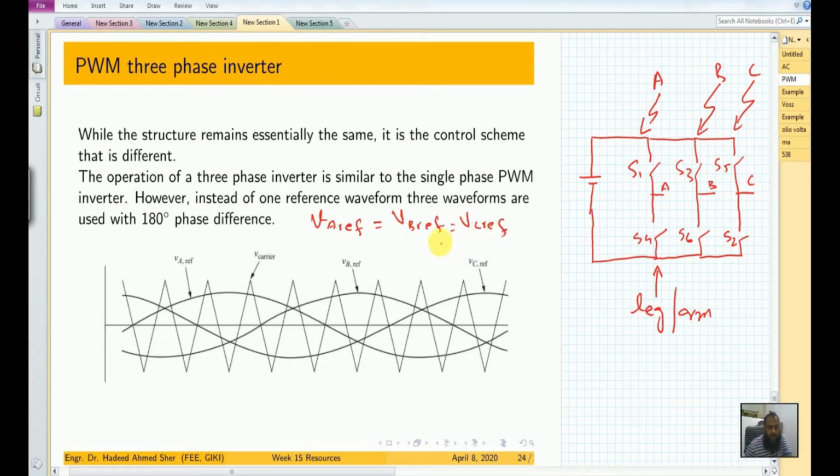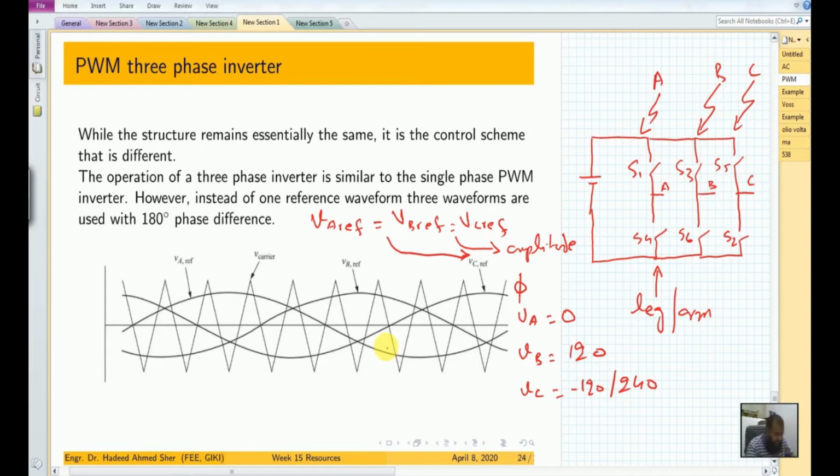And by the equality sign, I mean that their amplitudes should be the same. As far as the phase is concerned, if V of A is at 0 phase, then V of B should be at 120, and V of C should be at minus 120 or 240, so that all 3 waveforms are 120 degrees apart from each other.